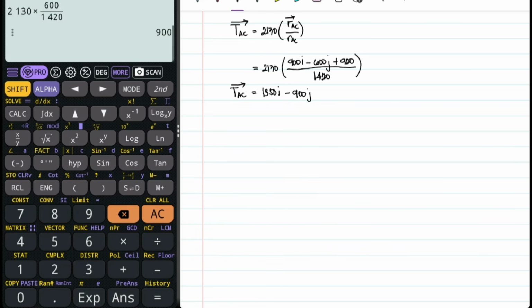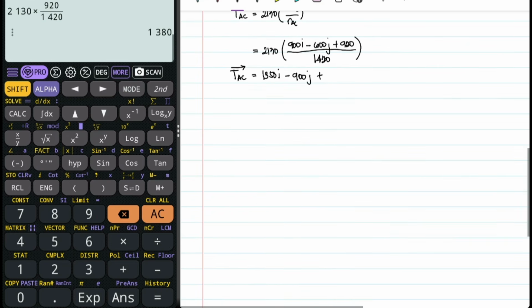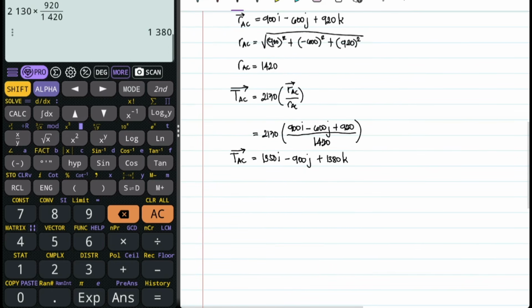And lastly, 2130 multiplied by 920 divided by 1420 gives us 1380k, positive, of course. That is now the vector form of our AC.